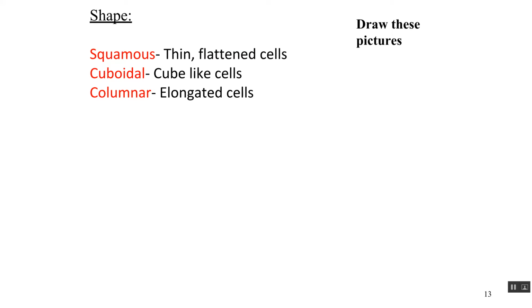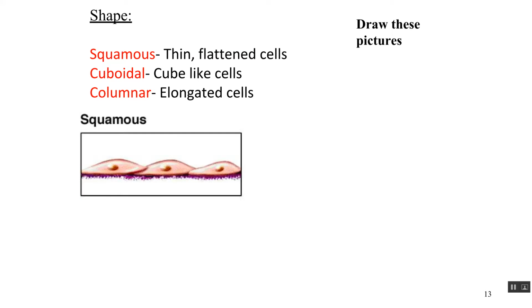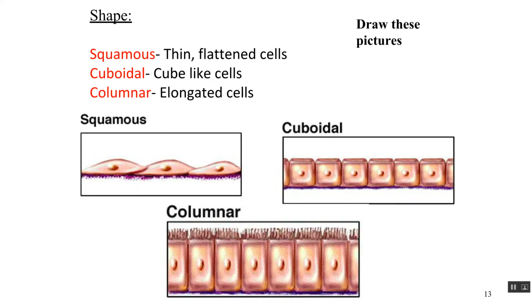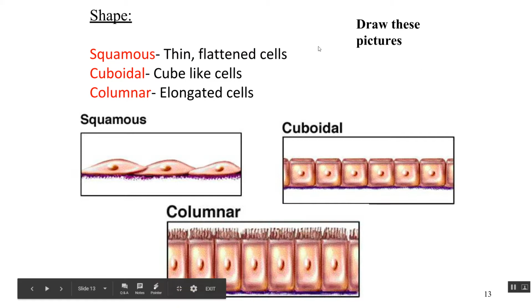They are elongated, so they would look like this. Squamous, thin, flattened. Cuboidal, little cubes. And columnar, they look like columns. Okay, again, please draw and label these, and then write what these are in your notes.